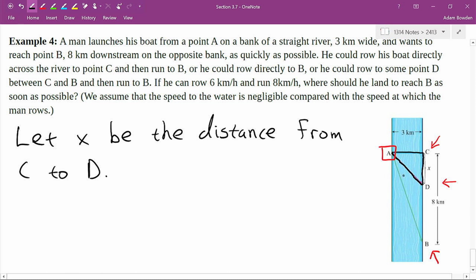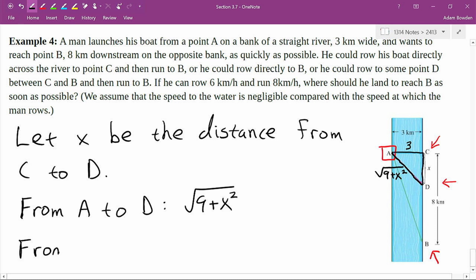If this side is x and the width of the river is 3, then using Pythagorean theorem, the distance from A to D would be the square root of 9 plus x squared. We can also tell the distance from D to B would be 8 minus whatever x could be.